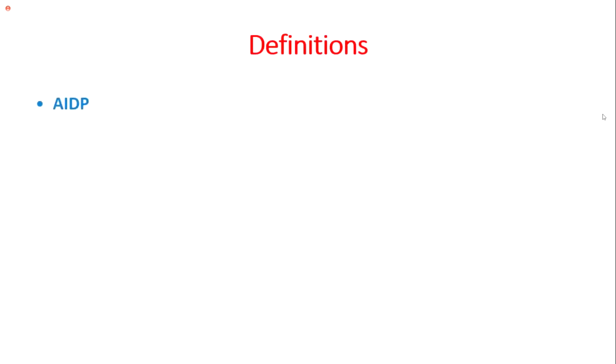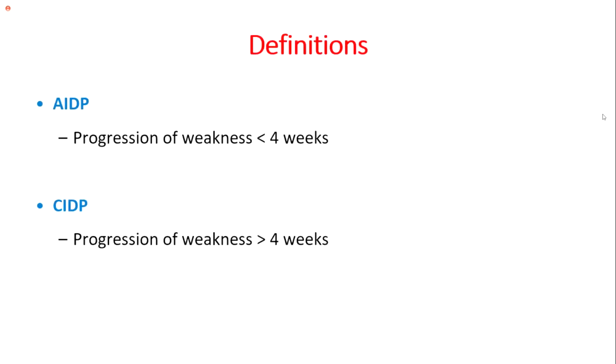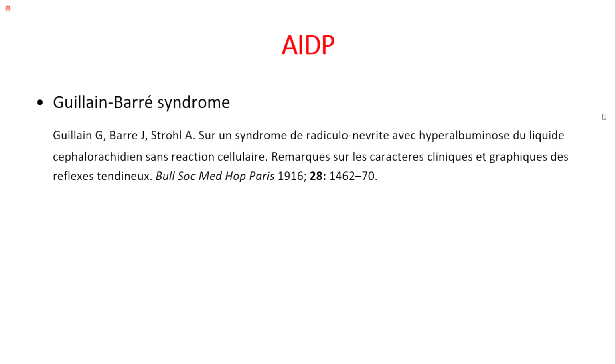So let's go back to AIDP, and you know that the progression in AIDP is less than 4 weeks. So already you know that by the definition. Now under AIDP, there's only one condition you need to learn, and that is called Guillain-Barre syndrome. Why is it called Guillain-Barre syndrome? Because it was described by these French neurologists. There were 3 of them: 2 neurologists and 1 neurophysiologist. So Guillain, Barre, and Strohl. For some odd reason, Strohl has been dropped from the name.